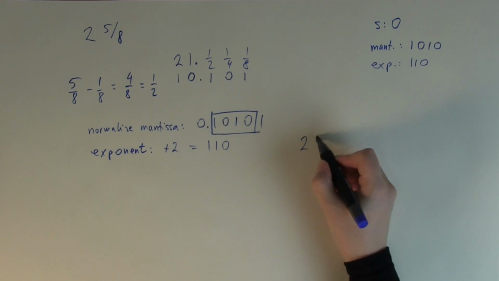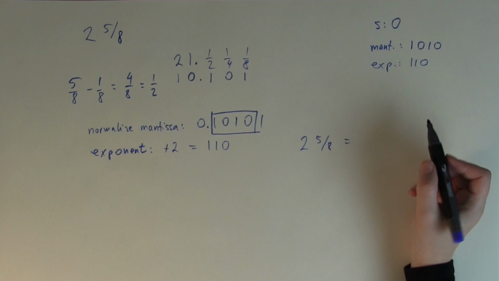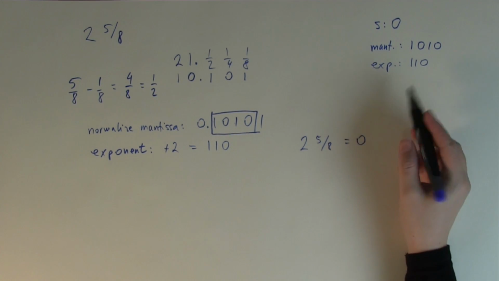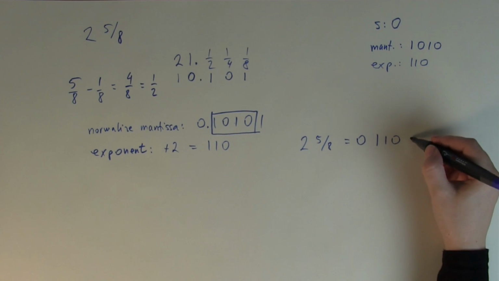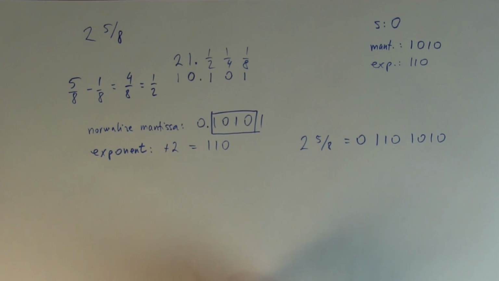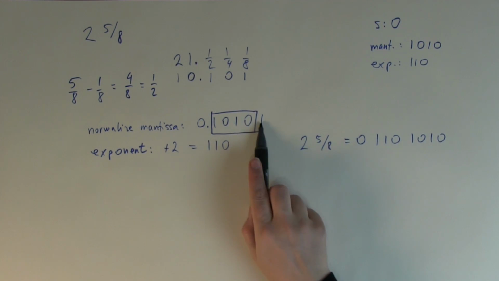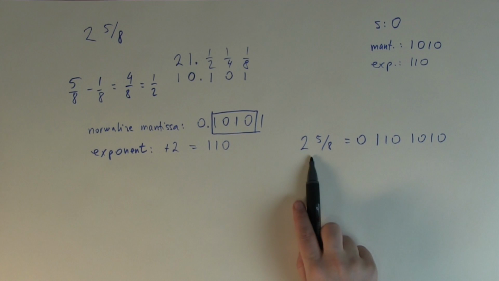So pull it all together. 2 and 5/8 in 8-bit floating point notation is 0, followed by the exponent and followed by the mantissa. And again, just as in one of the previous examples, because I have this truncation error, when I convert this floating point back into decimal, I will not get the exact 2 and 5/8.